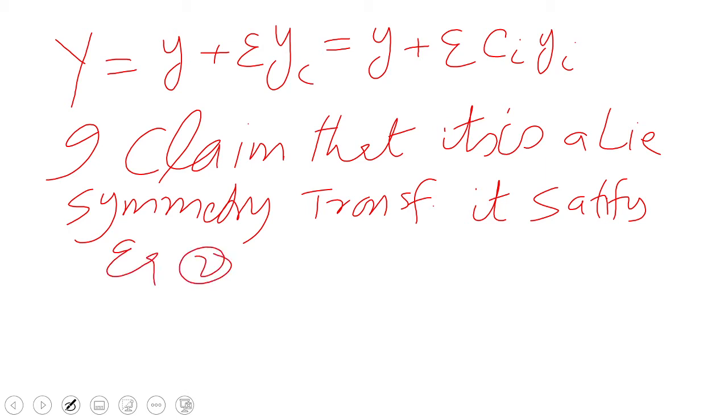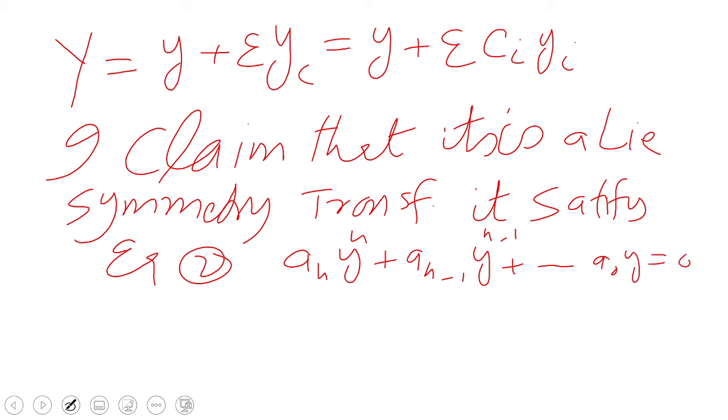Let's put it in equation 2. Equation 2 is a_n y^(n) + a_(n-1) y^(n-1) up to a_0 y equal to 0.